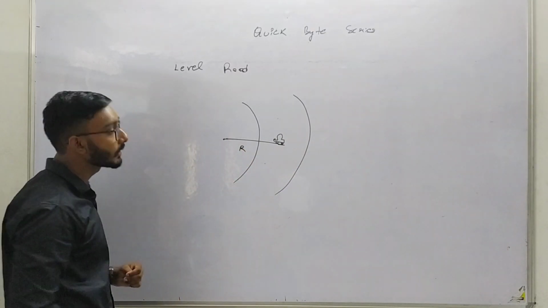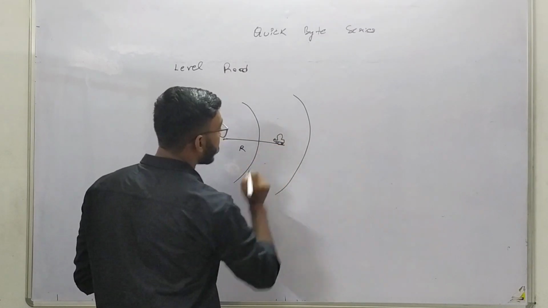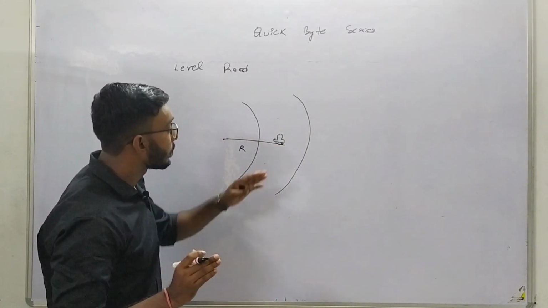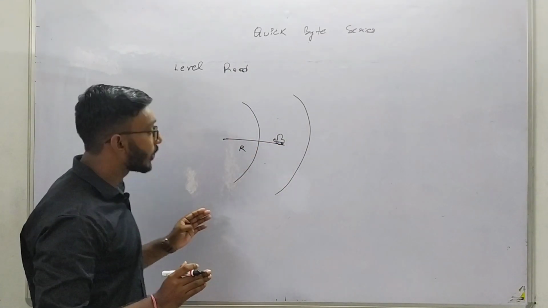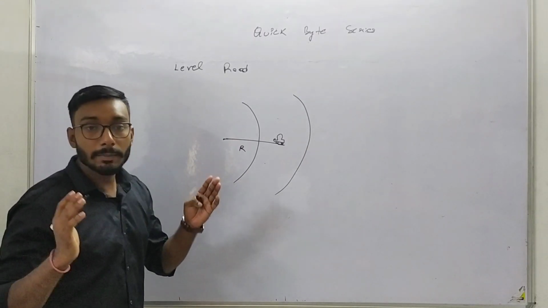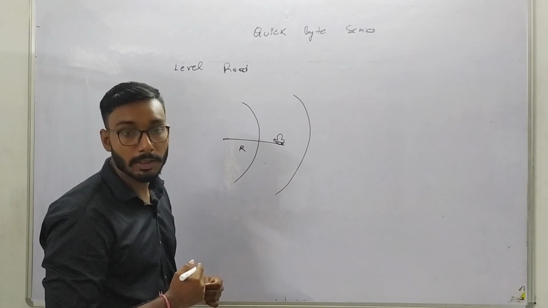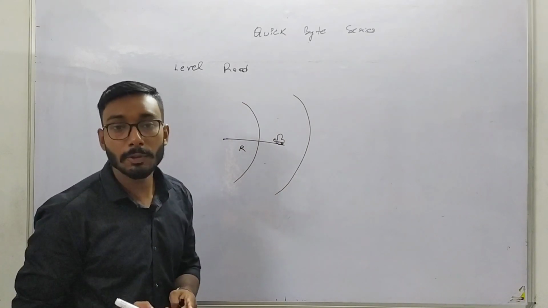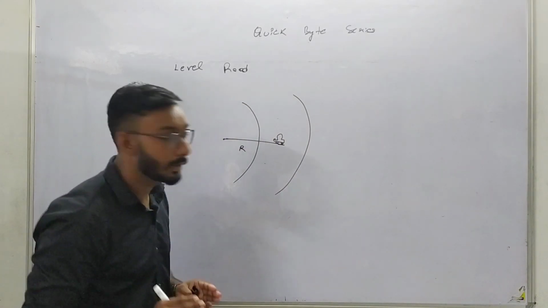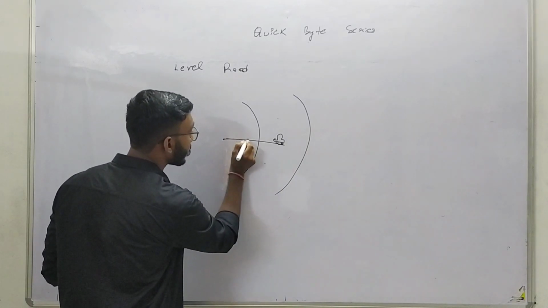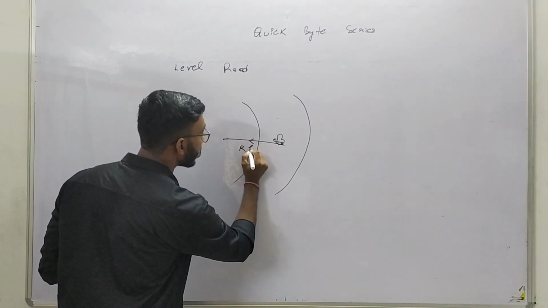If this car wants to make this turn, there has to be a centripetal force that will hold the car to move along this path, and that centripetal force will be provided by the static friction. Static friction Fs will act along this direction.